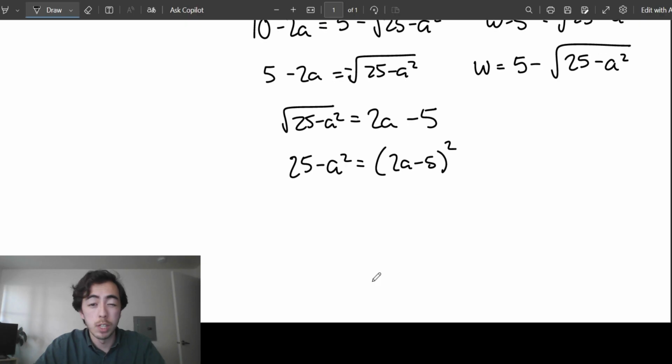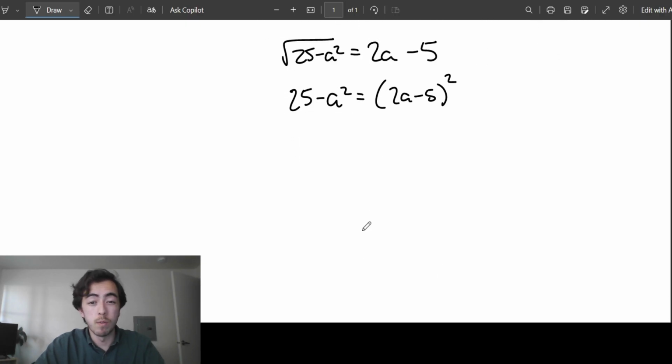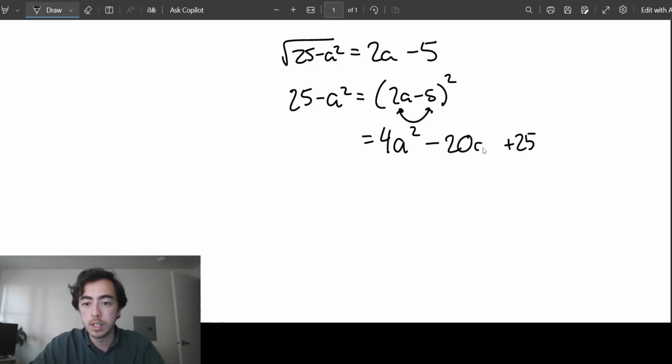And then maybe if we expand the right side, we could solve down to a quadratic. Let's see, 4a squared, and then it's going to be plus 25 on the end, and then minus twice this product, so that's going to be minus 20a. Over on the left side, we still have 25 minus a squared.